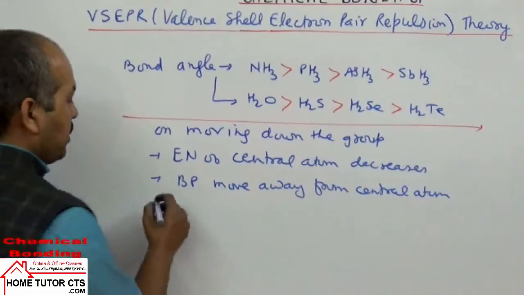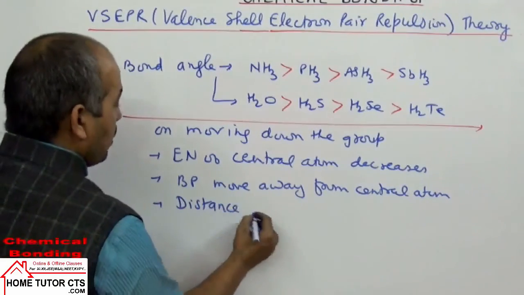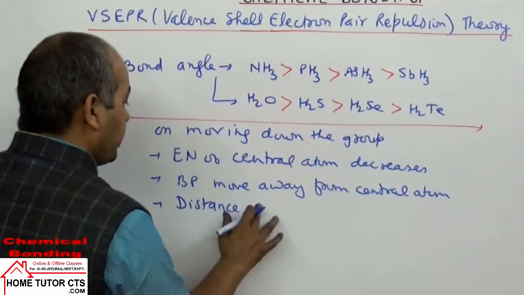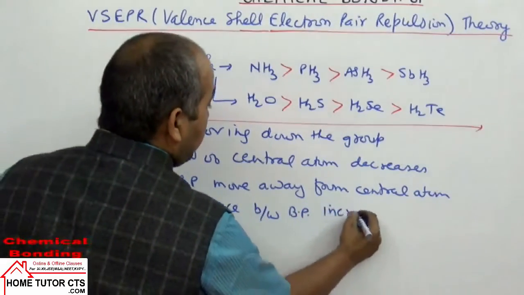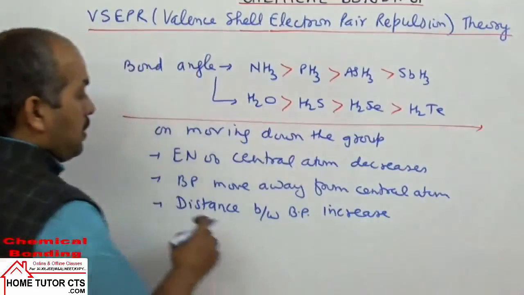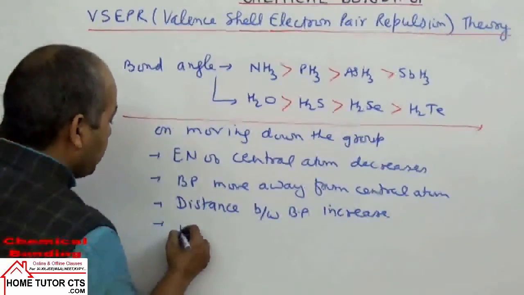Then what happens? The distance among bond pairs, the distance between bond pairs, increases. If the distance between the bond pairs increases, then what happens?